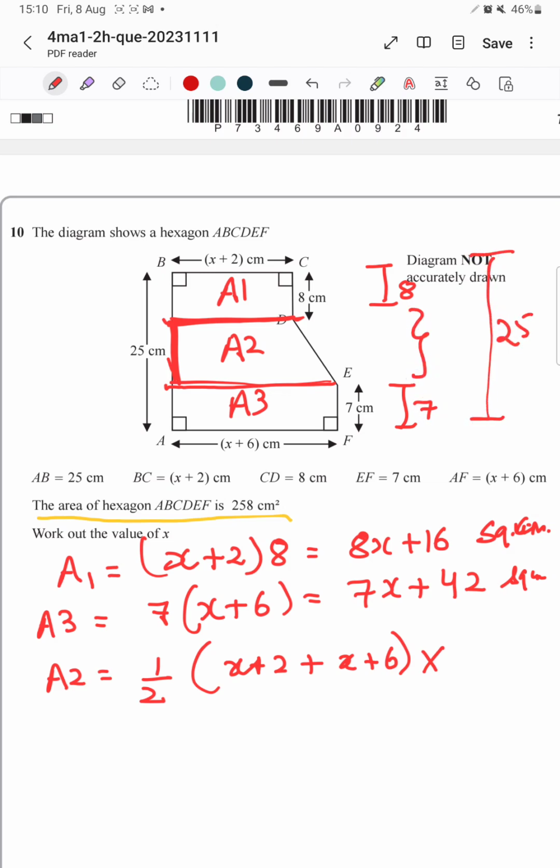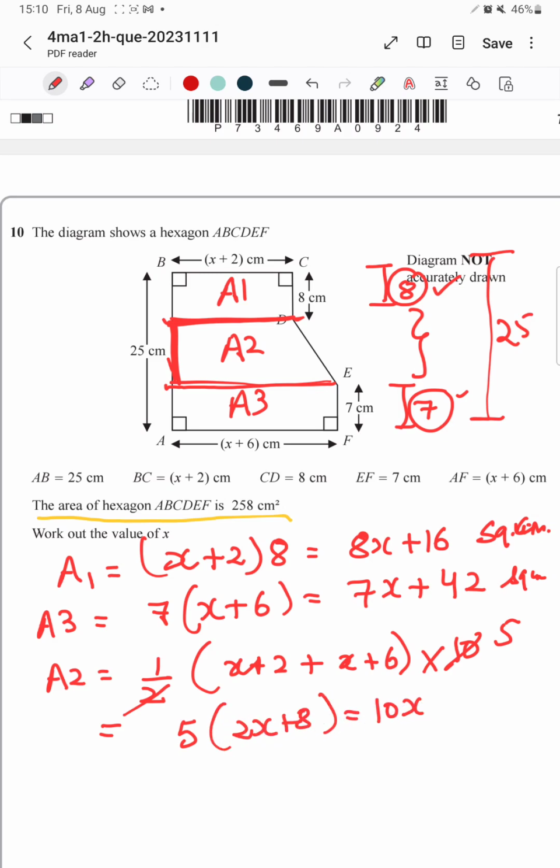So that means this part will be 25 minus 8 minus 7. So 8 plus 7 is 15. So 25 minus 15 is 10. So from here I cancel this one. So I got 5 times (2x plus 8). That is 10x plus 40.